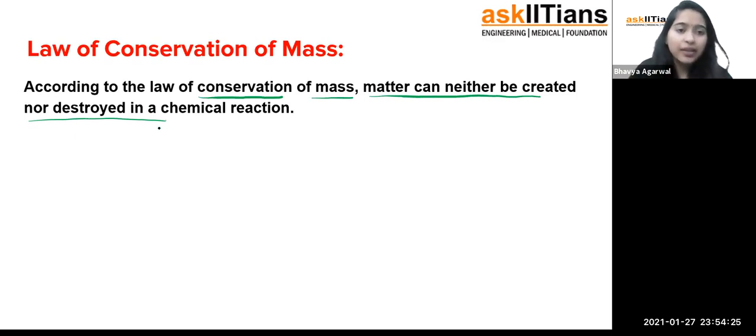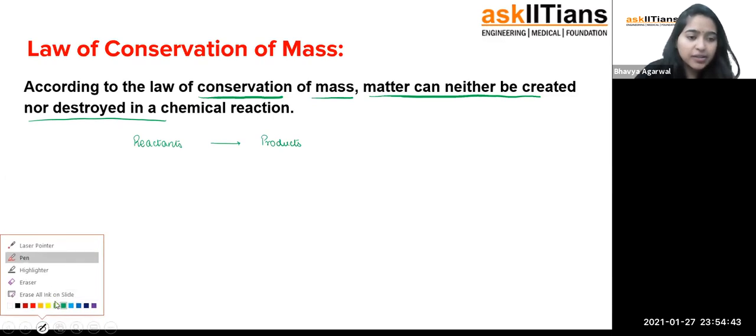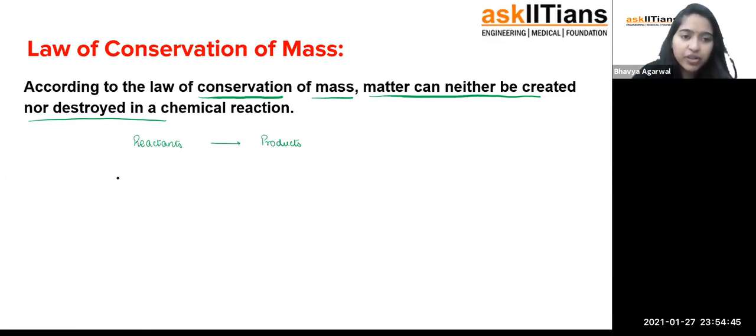It means that whenever a reaction happens, you have some reactants giving you products during any chemical reaction, right? Now you can have n number of reactants. You can have different reactants. Right? And you will get a different product.